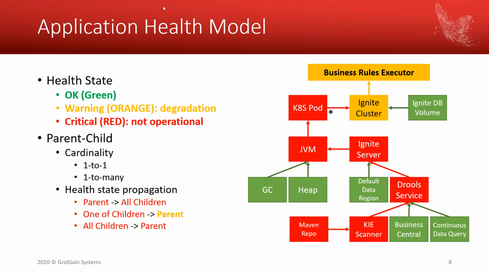But since there are many pods in the Ignite cluster, suppose that only one pod failed. That means the Ignite cluster state is degraded. It's still operational, but it is degraded. And this orange state propagated to the top level application, which is the business rule executor. So if Maven fails for only one service, that means in the end the application state becomes degraded like that.